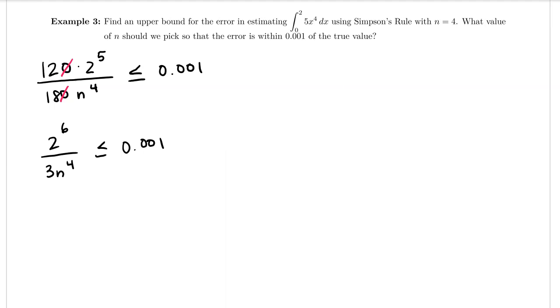So I'm going to multiply both sides by n to the 4th power. So that's going to give me 0.001 n to the fourth power is greater than or equal to 2 to the sixth over 3. And then I can divide both sides by 0.001.